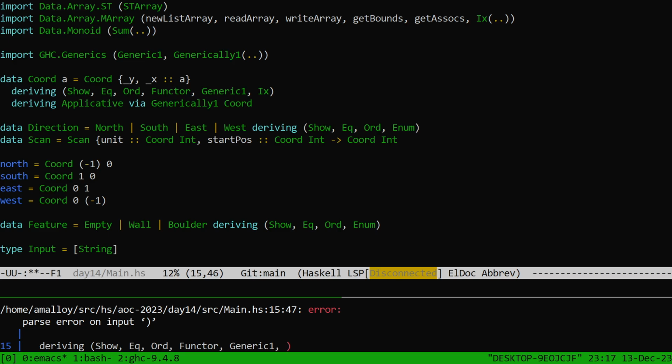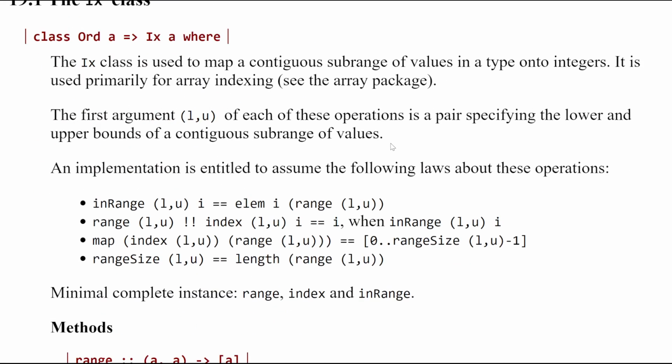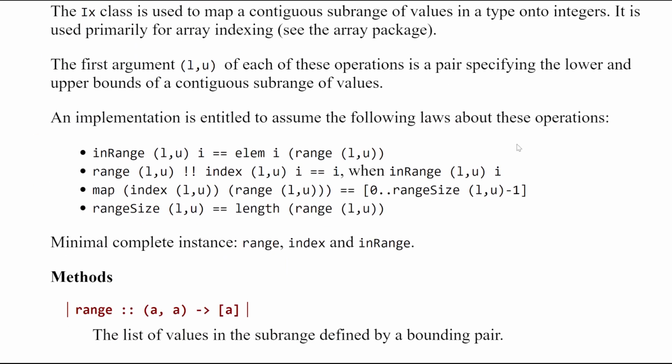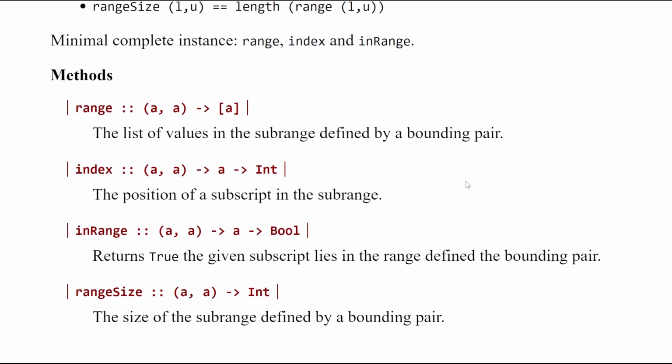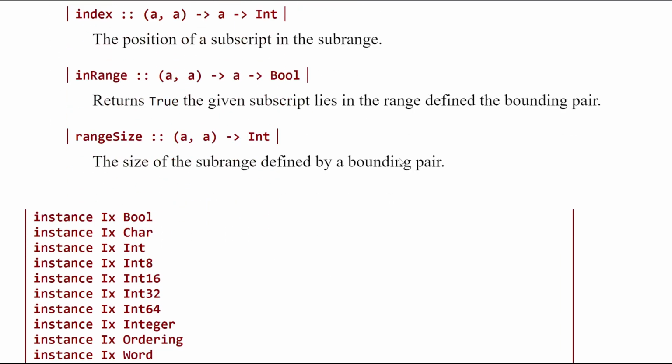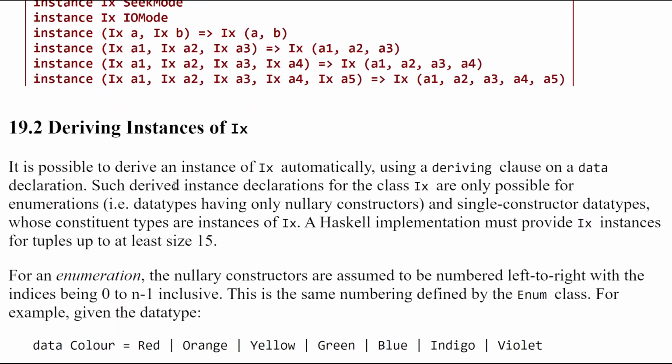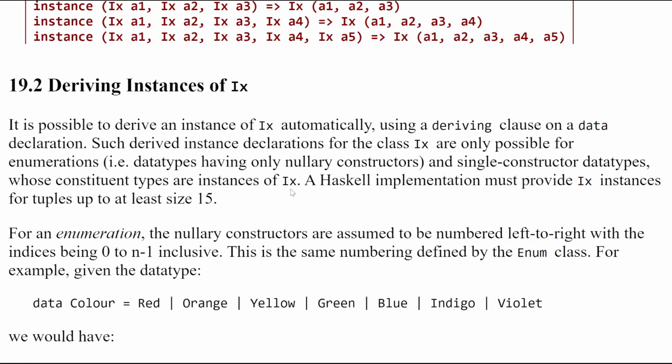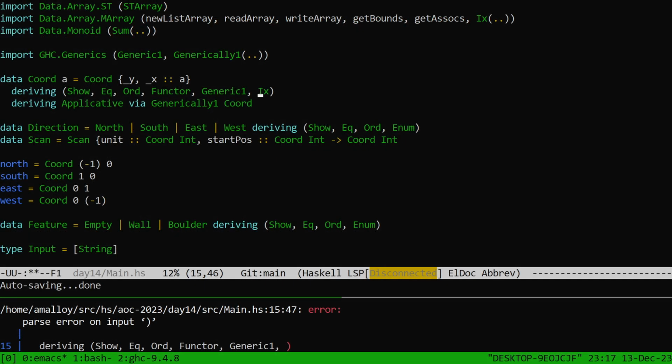Yes, you can derive instances of Ix using a deriving clause on a data declaration. Possible for enumerations and single constructor data types whose constituent types are indexes of Ix. Yes, so I think I can do that. I can index an array by coords.